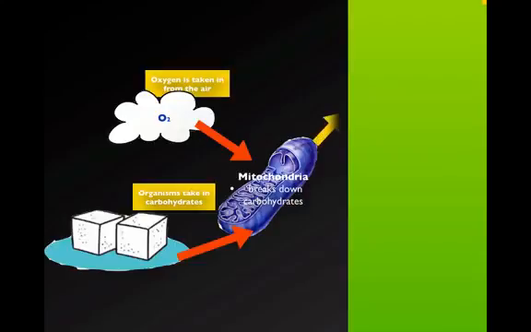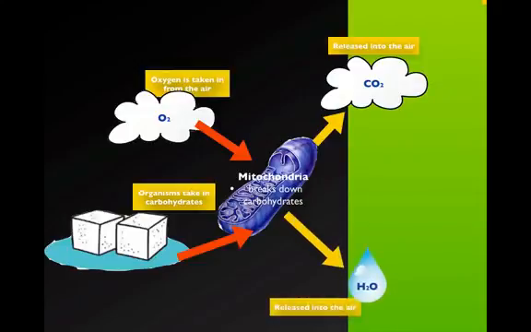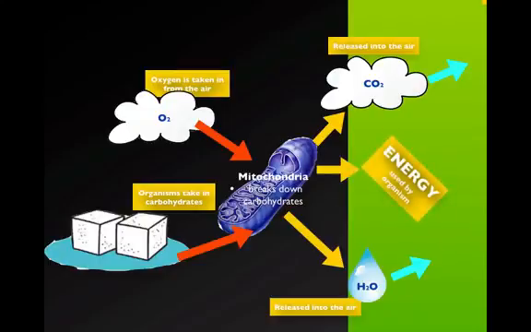And when it does that, it releases carbon dioxide into the air and also water vapor. So when we breathe, if you breathe up against some glass, you'll fog up the mirror or whatever, and that's because there's water in our breath. Okay, so those two things are released into the air, and energy is released into the cell, and it's used by the organism.